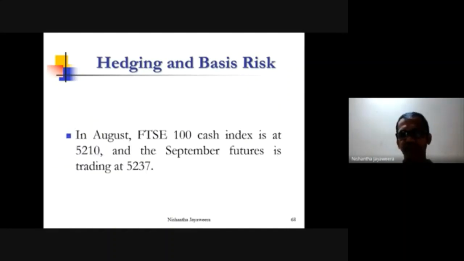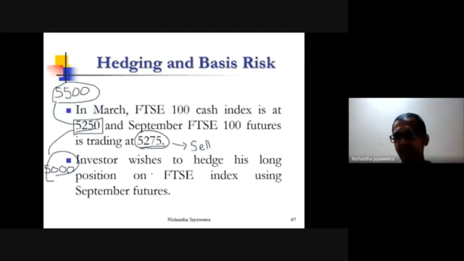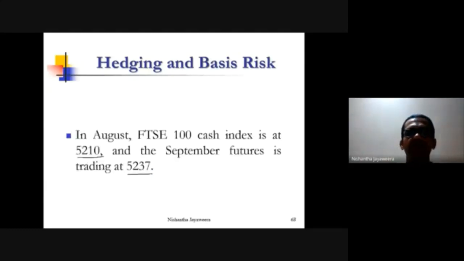Now let's assume we are in August. Now the index is at 5,210 and the futures contract is at 5,237. So if we go back and compare the numbers, 5,250, 5,275, now both have come down.